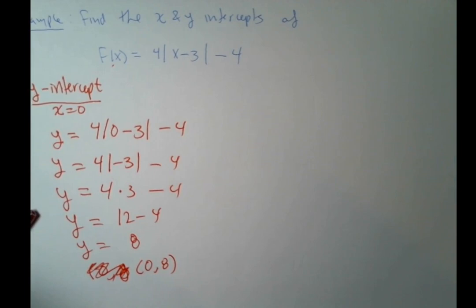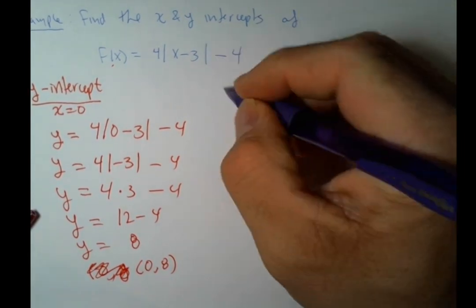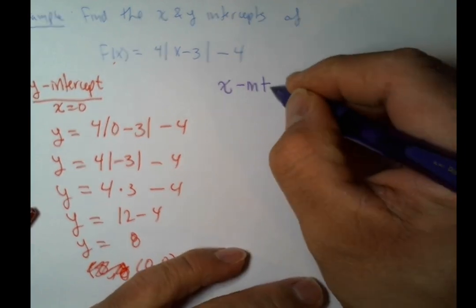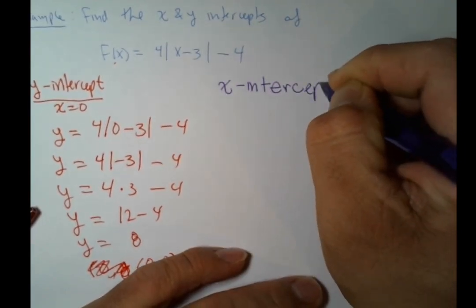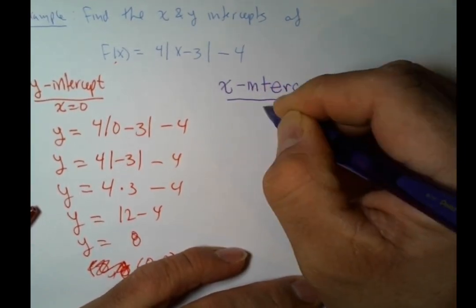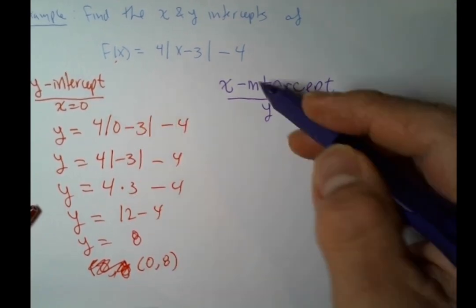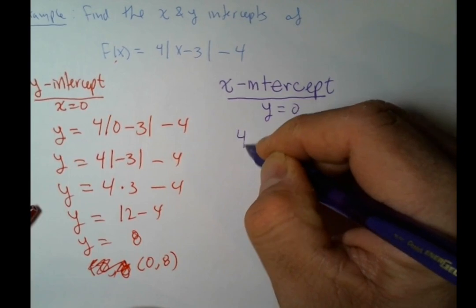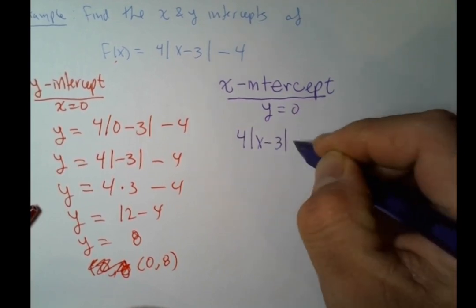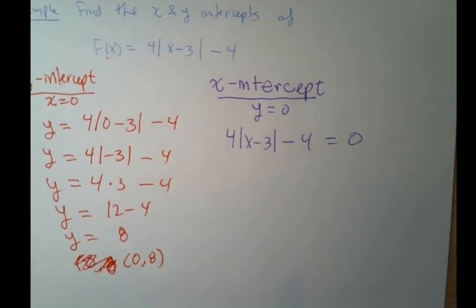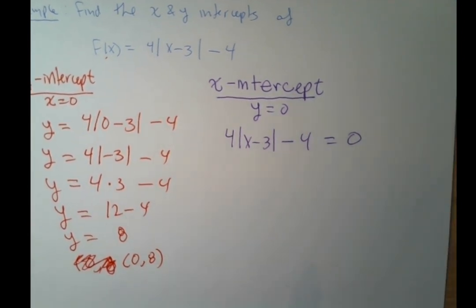Now let's take a look at the x-intercept. In this case, we'll let y is equal to 0. So we'll let this equal 0. And then we solve for x. I can't drop the absolute value just yet.